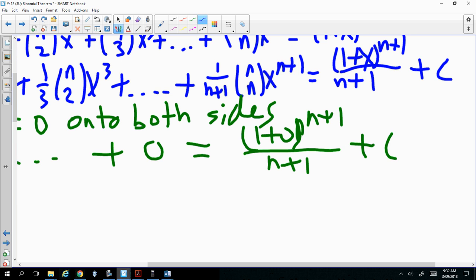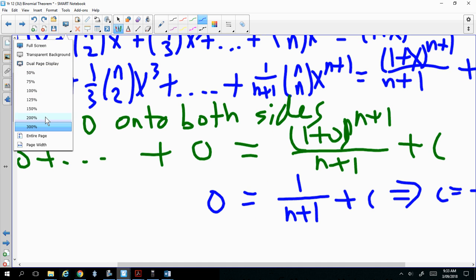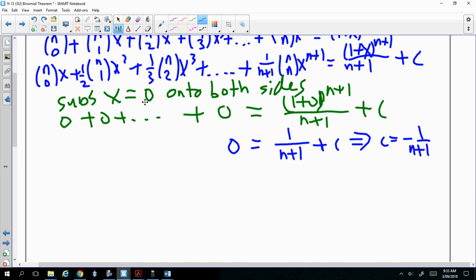Now, update your formula. n0 x plus half n1 x squared plus 1/3 n2 x cubed plus dot dot dot 1 over n plus 1 and n x to the power n plus 1 equals (1 plus x) to the power of n plus 1 on n plus 1 minus 1 over n plus 1.